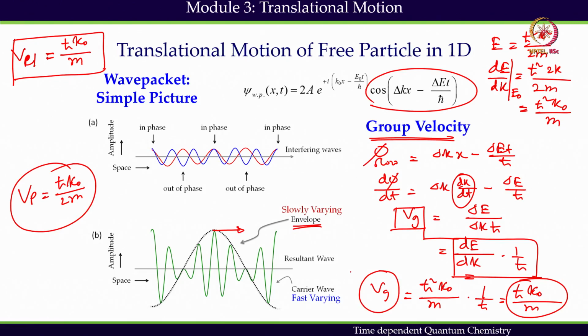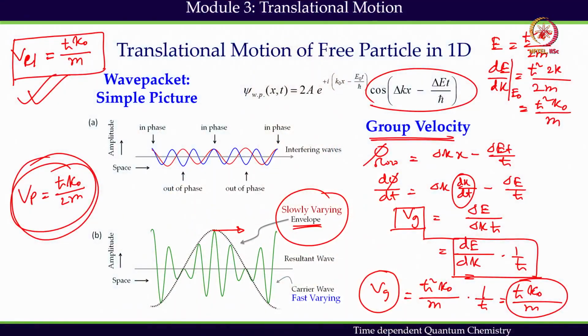So, when I say that a particle is moving in quantum mechanics, its envelope function is moving at the classical velocity, but its carrier wave is propagating with a different velocity. That is why these two are not locked anymore. Their velocities are different.